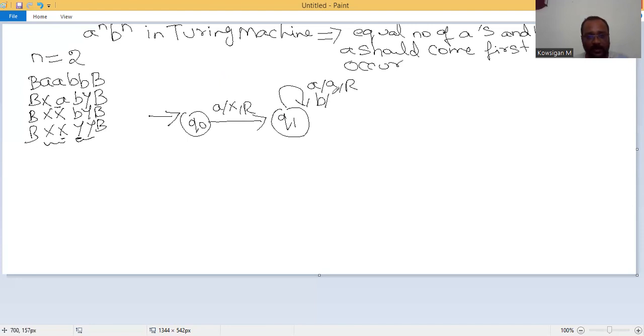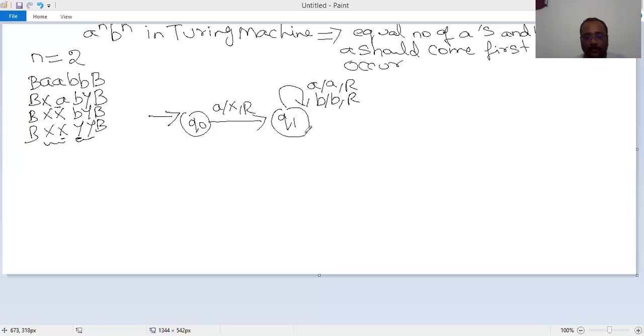So A and B are the in-between elements. Next, after reaching the blank in Q2, you have to move to the left part.